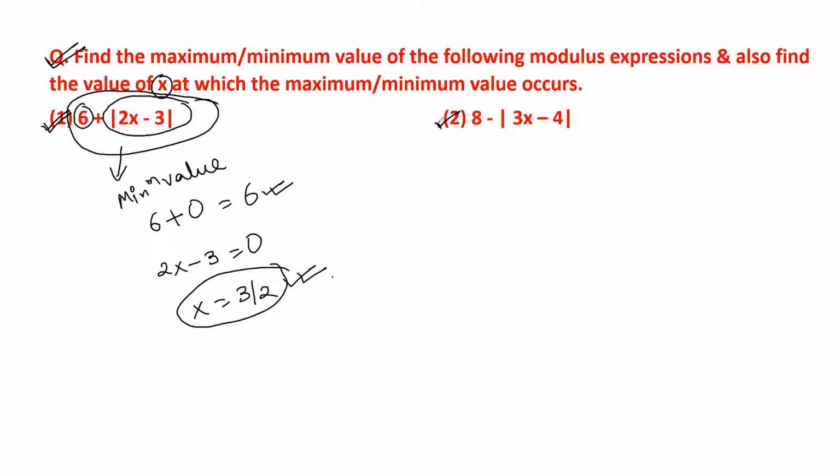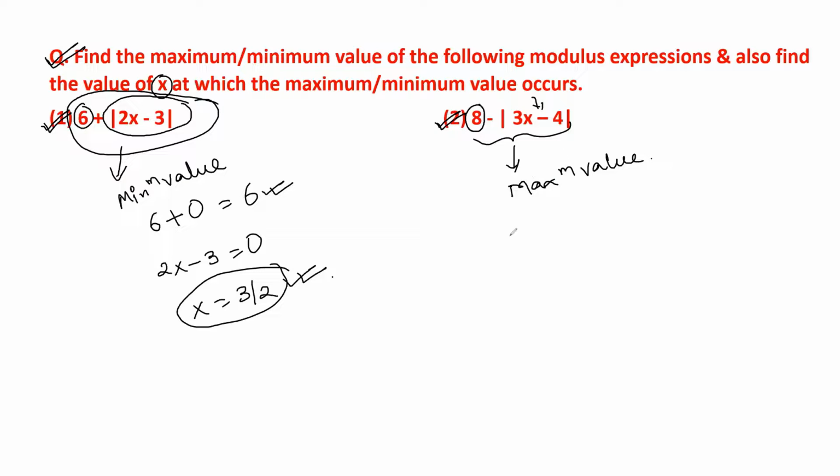In a similar way, for this expression 8 - |3x - 4|, we are subtracting a positive quantity from this constant 8. So we can say that this expression will attain a maximum value, and it will attain a maximum value when we are subtracting the minimum value from this constant 8.